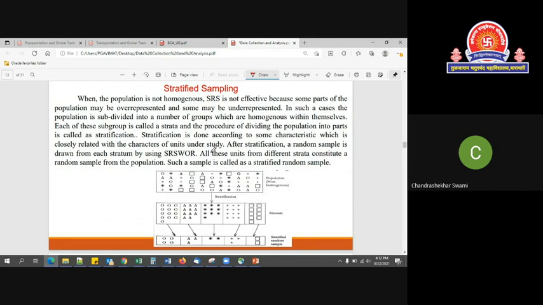Every brand has more than two bikes. So here it is not that convenient to use simple random sampling. In that case we have to use stratified random sampling.